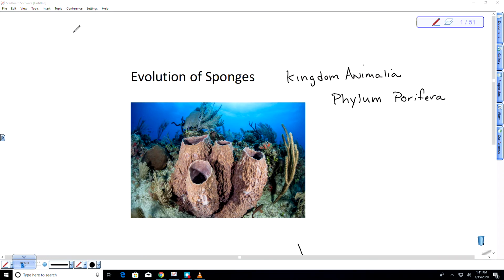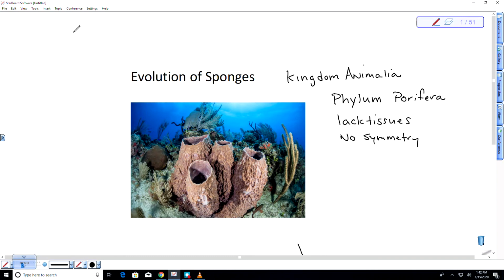The other things that we talked about is that they lack tissues. But we do have cell specialization, which we'll talk about in a second. So they do not have nervous tissue or connective tissue or epithelial tissue. They are just aggregations of cells. They also have no symmetry. Even though they might look like they are radially symmetric, generally they are not said to be symmetric.